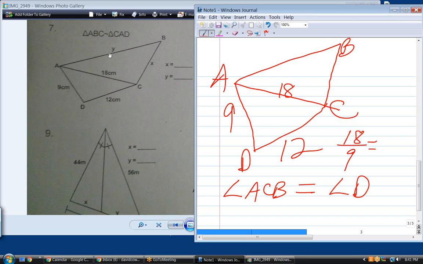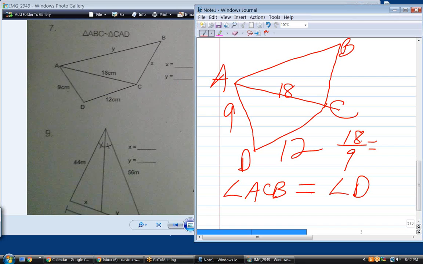This side becomes this side. In other words, if I take this triangle, rotate it a little bit, and stick this angle on top of this one, then side AC becomes side AD, side AB becomes AC, and side BC becomes CD.